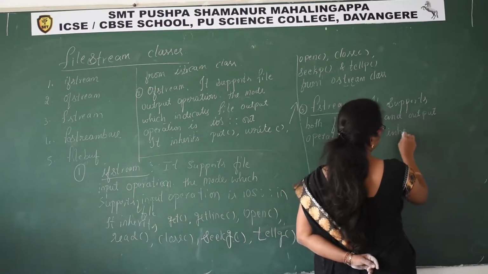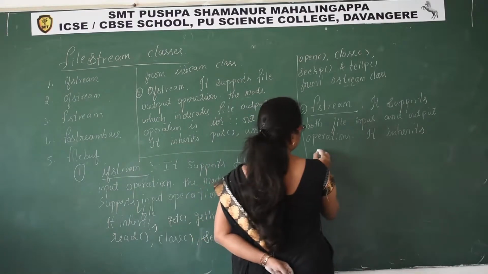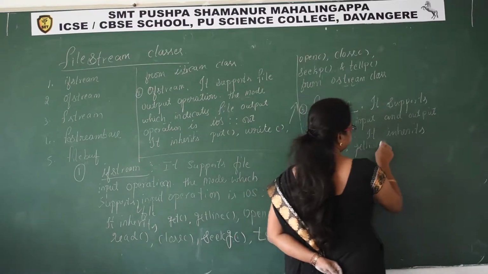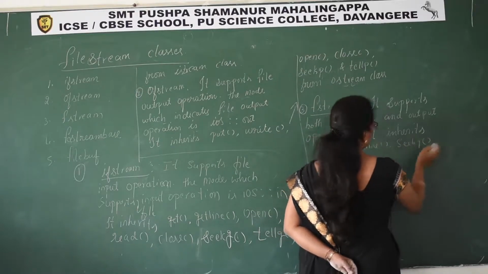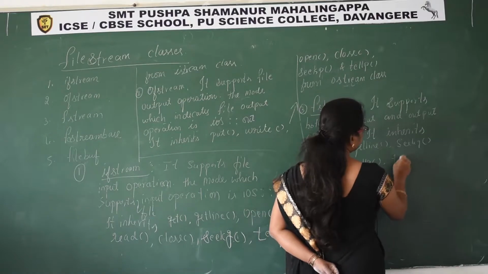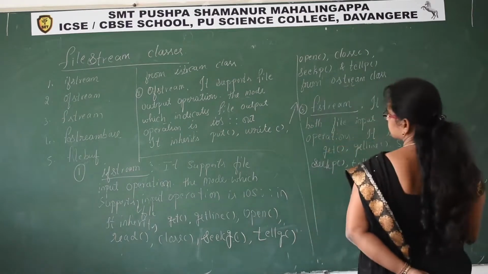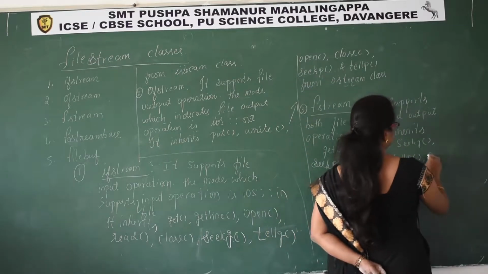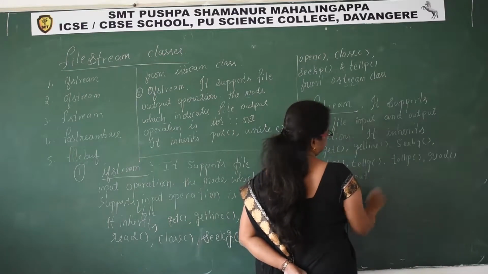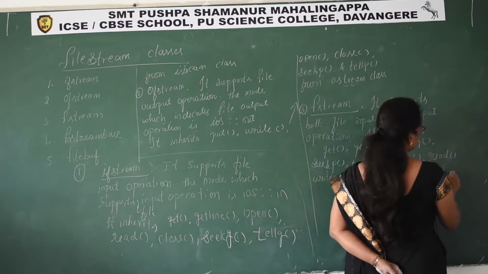It inherits the combination of these two: get function, getline function, seekg, seekp, tellg, tellp, then read function, write function, put function from the iostream class.